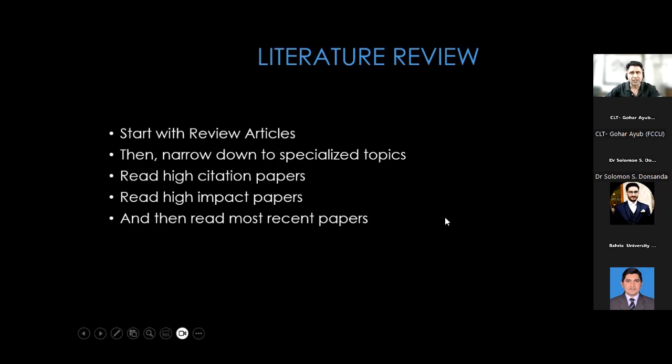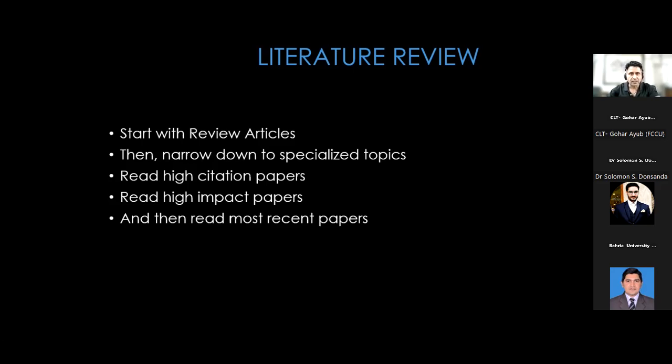whenever you start your literature review, you need to start with the review articles. First of all, you make a decision. You decide for yourself what particular research area you want to proceed into, and then you find the review articles, particularly from Google Scholar, and you sort them according to their citation index, the number of citations that paper has received, and the type of journals in which it has been published.